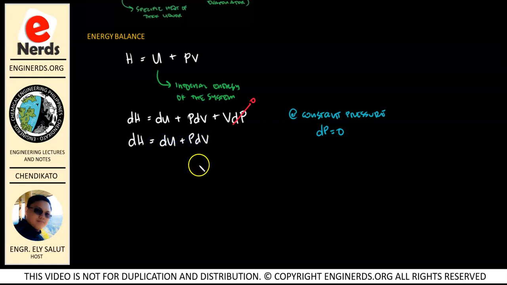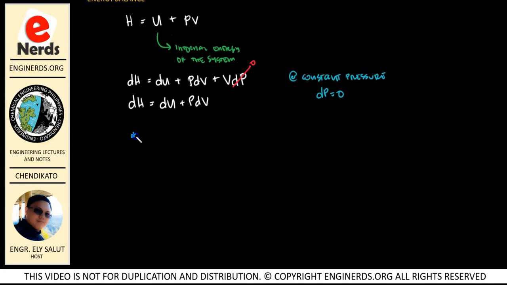Okay, so now let us recall yung ating first law of thermodynamics. Okay, so we have the first law of thermodynamics. According sa first law of thermodynamics, energy cannot be created nor destroyed, but it can only be converted from one form to another, right? So with that, we have our internal energy, which is also equal to Q plus W. Okay, so we also identified this dito sa ating thermodynamic course, no?